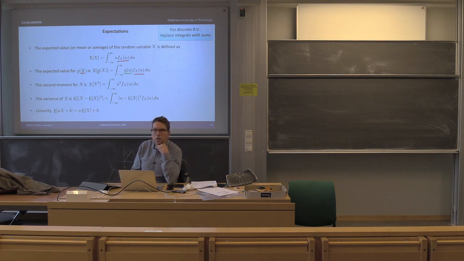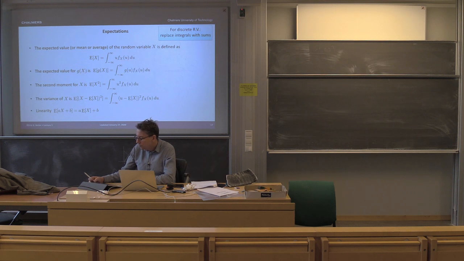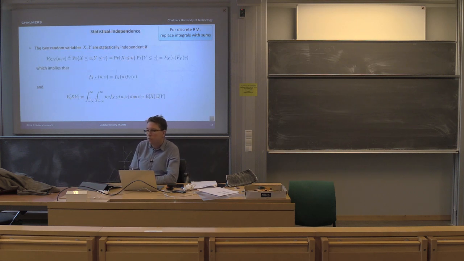Are these things familiar to you? Okay. Good. So then the next concept is statistical independence. We say that two random variables, x and y, are statistically independent if their joint CDF, which is defined like this, factorizes into the CDFs of each of the random variables.